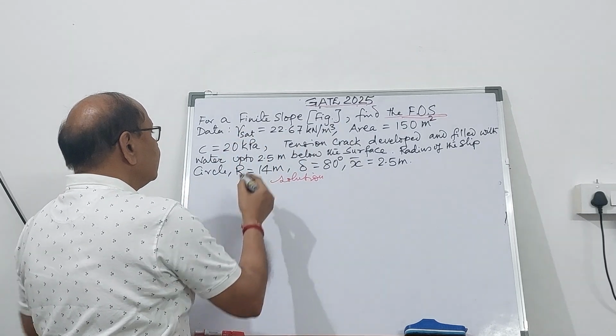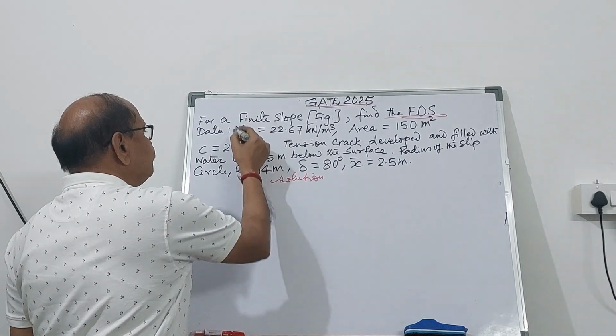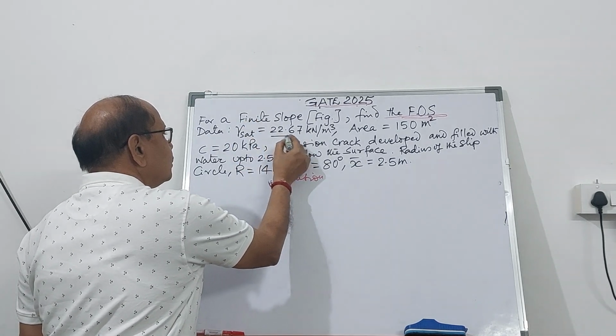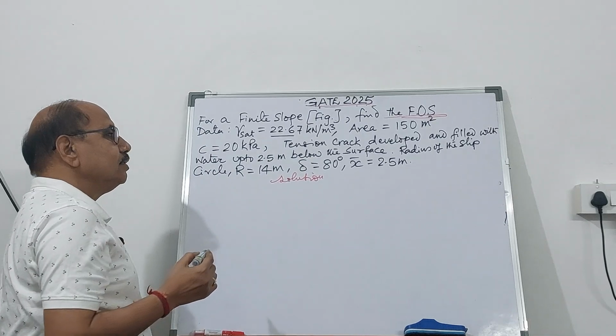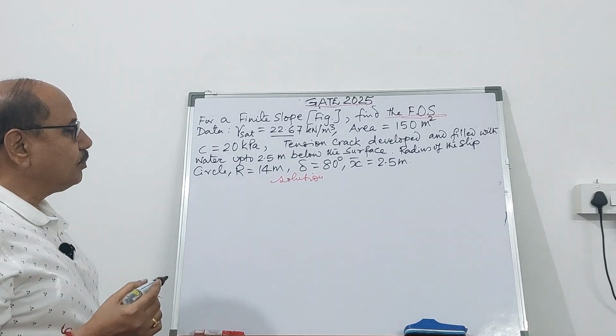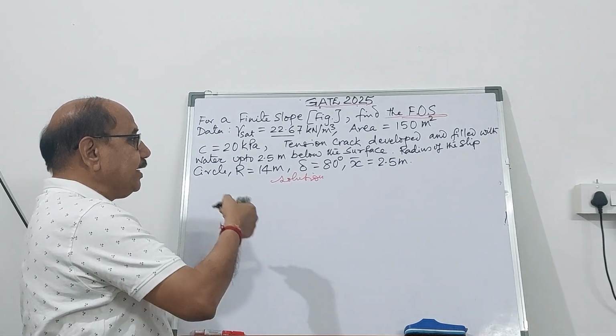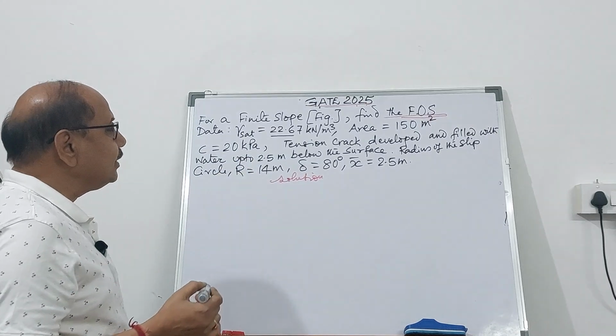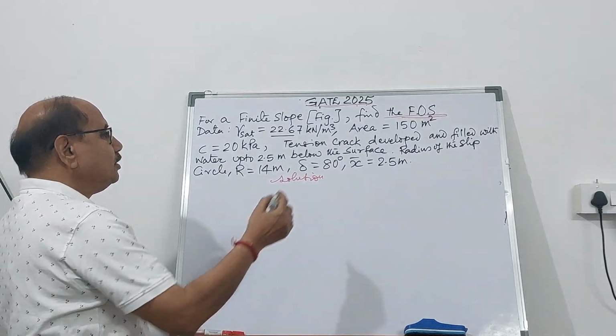Here the saturated unit weight is given to you as 22.67 kilonewton per cubic meter, and the area under the slip circle is also given.